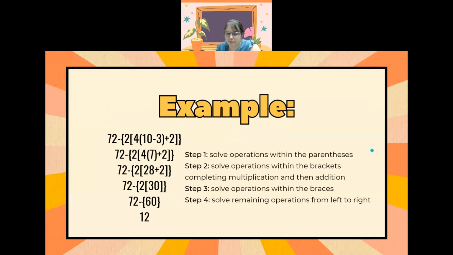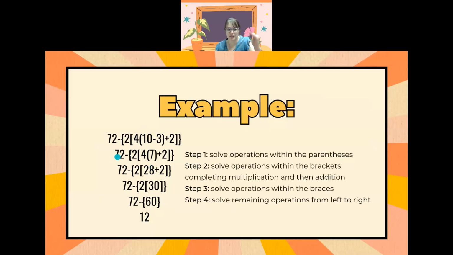An example would be this problem here: 72 minus our brace, 2 times this bracket, 4 times this parentheses, 10 minus 3, then plus 2, and we closed those groups. The very first thing we solve is the parentheses, the 10 minus 3.